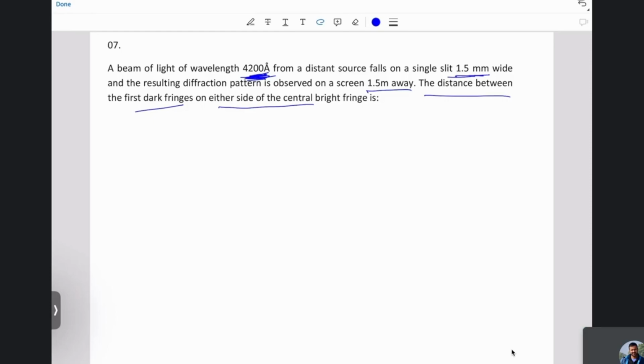So, I mean, this is nothing but the width of the central maximum, right? Which is 2 lambda D by d. And you know everything. So, 4 into 10 to the power minus 10 and 1.5 meter, and then 1.5 mm.